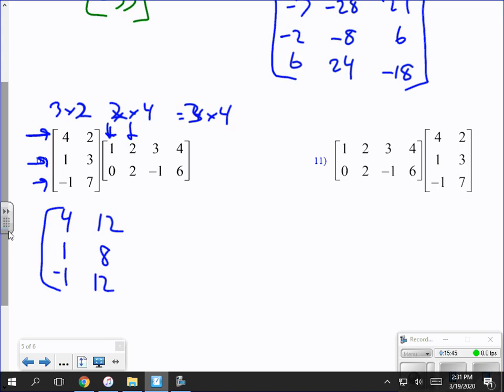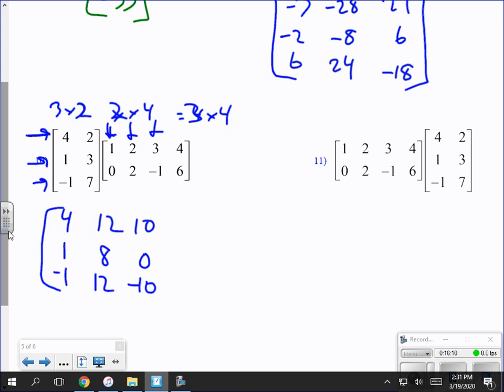And then I do, to get this row, I do these 3 times that row to get the next one. 4 and 2 times 3 and negative 1, that's 12 minus 2, which is 10. 1 and 3 times negative 3 and 1, that actually ends up giving me 0. And negative 1 and 7 times 3 and negative 1, that gives me negative 10 again.